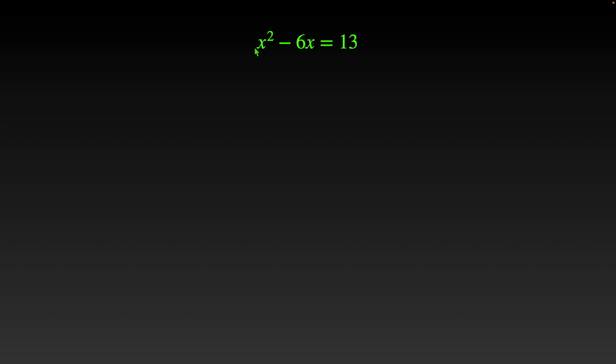How do we complete the square? We'll take a look at the number in front of x. So in this case, it's -6. What we're going to do, we're going to take that number, -6. We're going to divide it by 2 and then square it. So the steps are always the same. Take the number in front of x, always divide it by 2 and then square it.